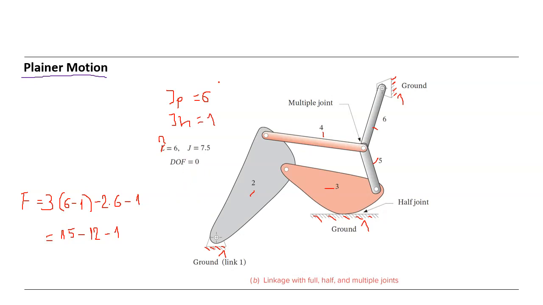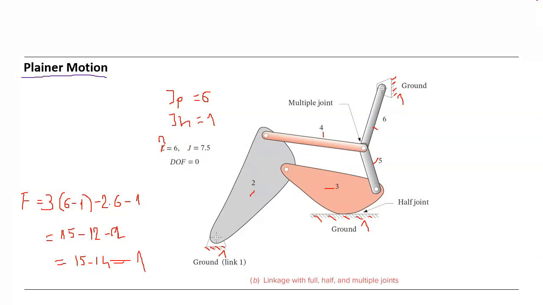Sorry. So instead, the higher joint 1, but it has 2 degrees of freedom. This has 2 degrees of freedom. So then we have to write here 2. So it is equal 14, 15 minus 14 is equal 1.